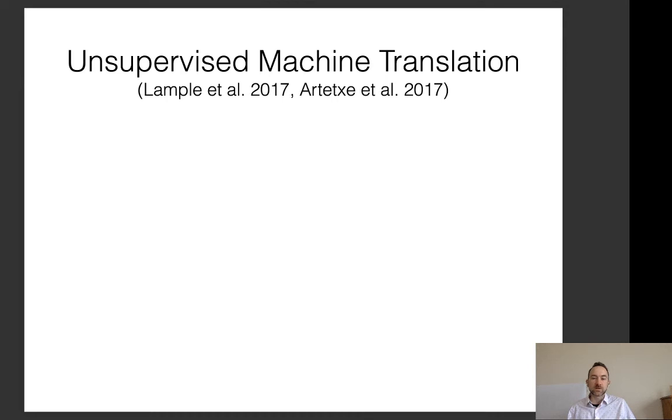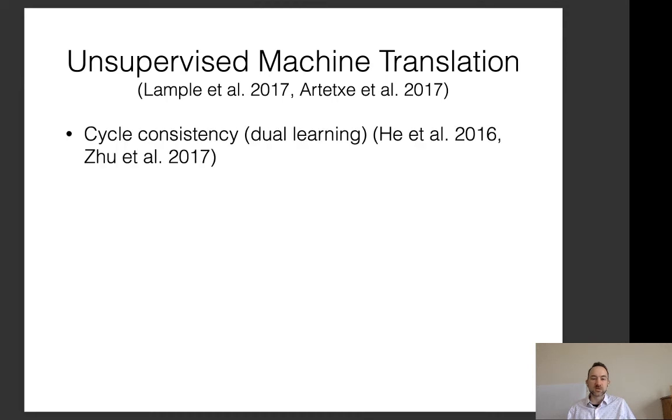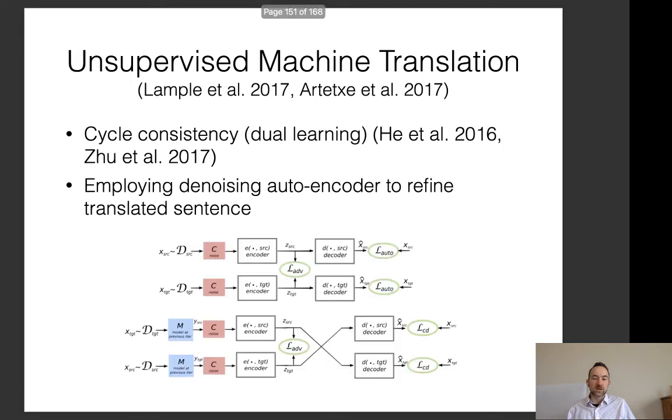This can further be applied to unsupervised machine translation, with a cycle consistency loss and an adversarial loss. Basically the way it works is you have a cycle consistency loss where you start with a target sentence, you convert it into a source sentence, and then you have a loss with respect to the conditional probability of the target sentence given this generated source sentence.